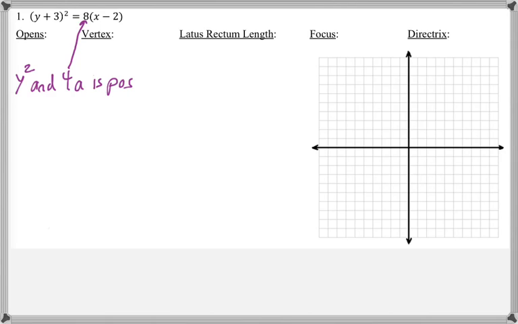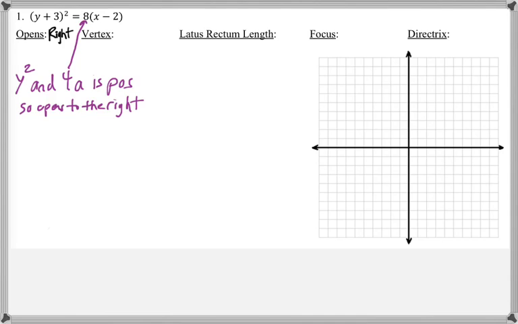That means the parabola is going to be opening up to the right. So when I saw that y was squared, I knew it was either left or right, but then with a positive 4a, that number 8 being positive, I know for sure that it's going to open up to the right.